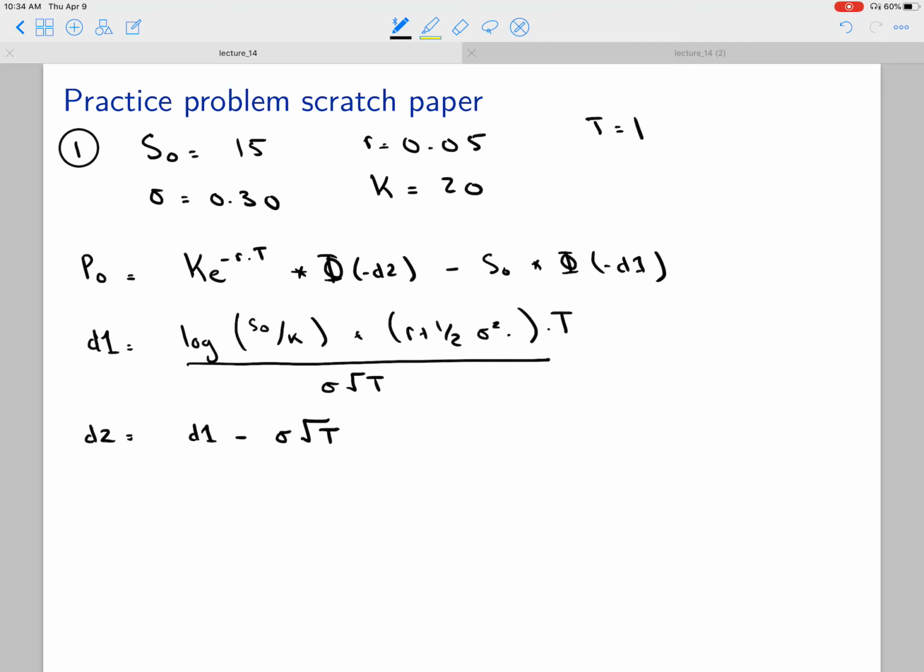Plug and chug, solve this problem, work inside out, start by calculating D1, D2, take the opposites, get the phi's, and plug everything in.